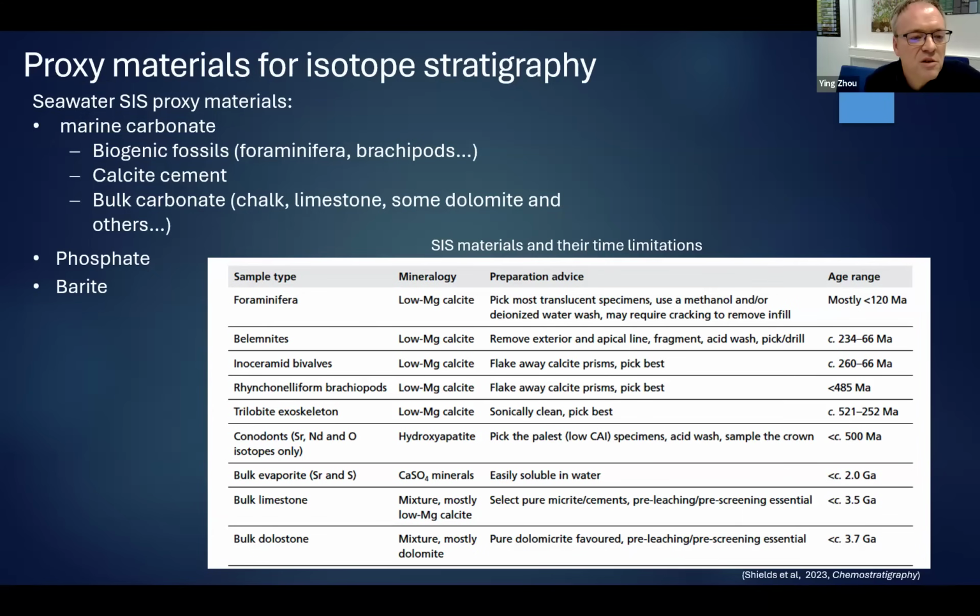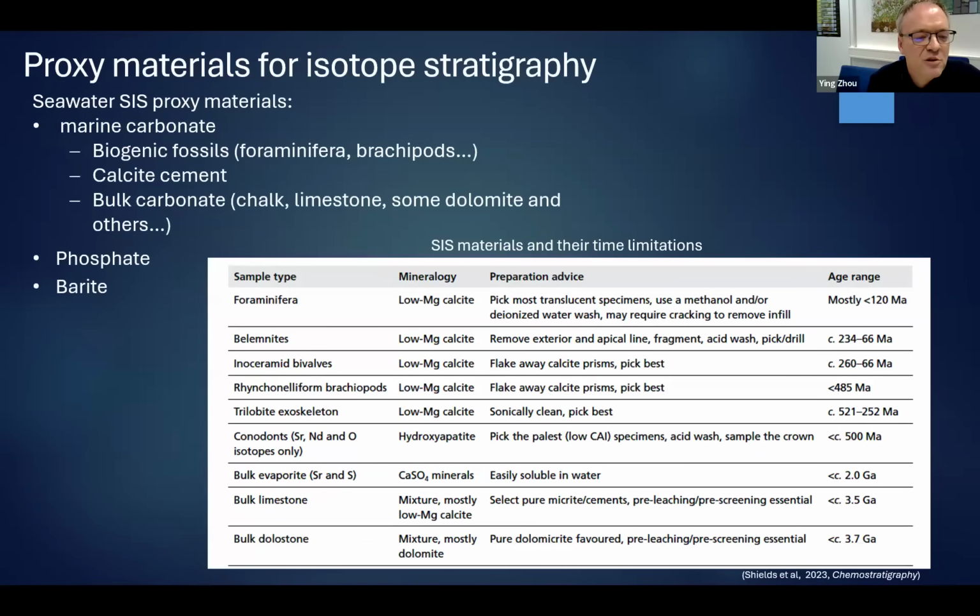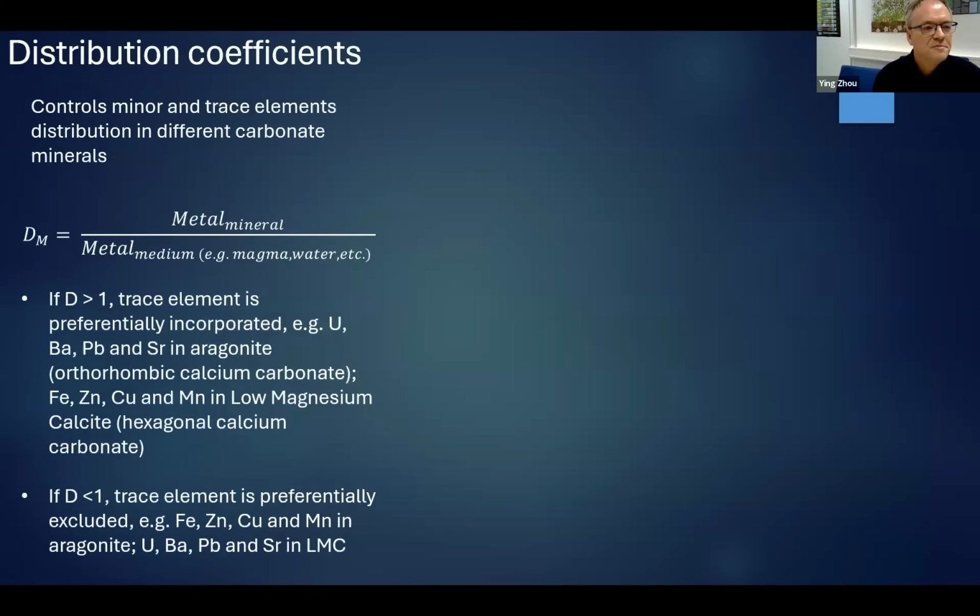So aragonite tends not to be the go-to carbonate form for strontium isotope stratigraphy. Conodonts also are possible. They are quite strontium rich due to their apatite mineralogy, and I'll talk about that in a moment. And then for a lot of Earth history, we are reliant on bulk rocks.